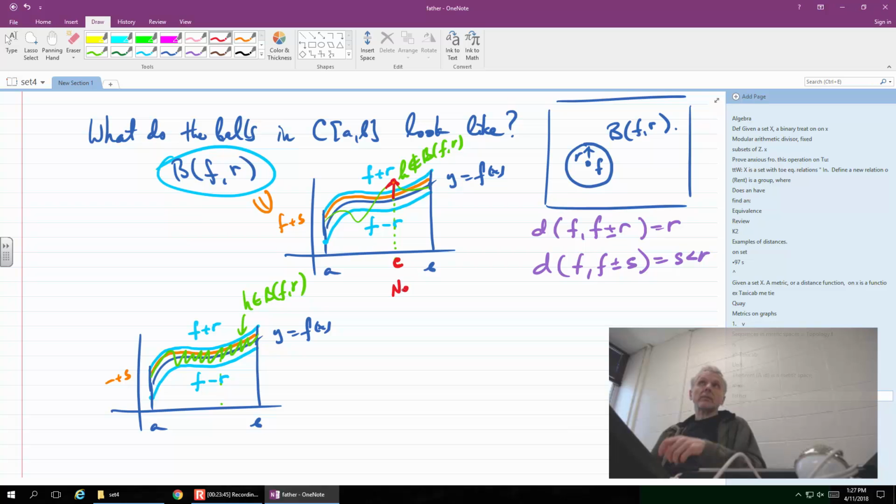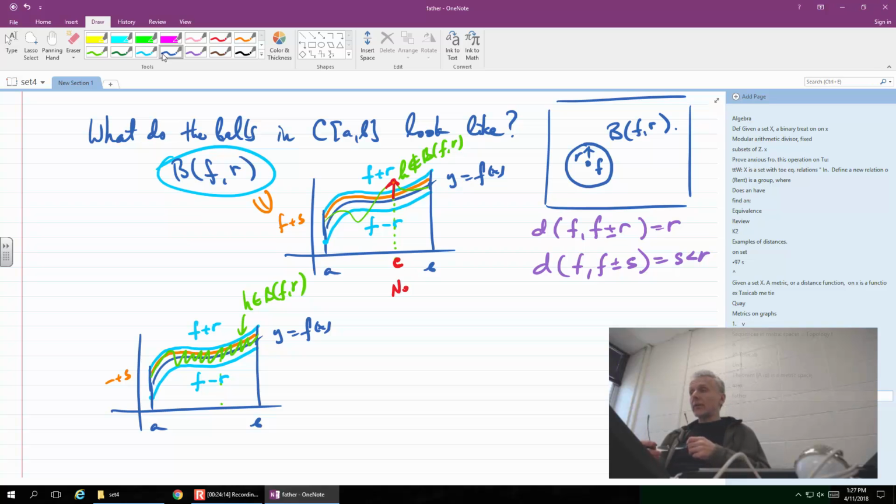So you take a function, pull it up, pull it down, create a tunnel. Every function that fits within the tunnel is in the ball, and vice versa. The only requirement that we have is continuity, an additional requirement to that. Okay. So any questions about this?